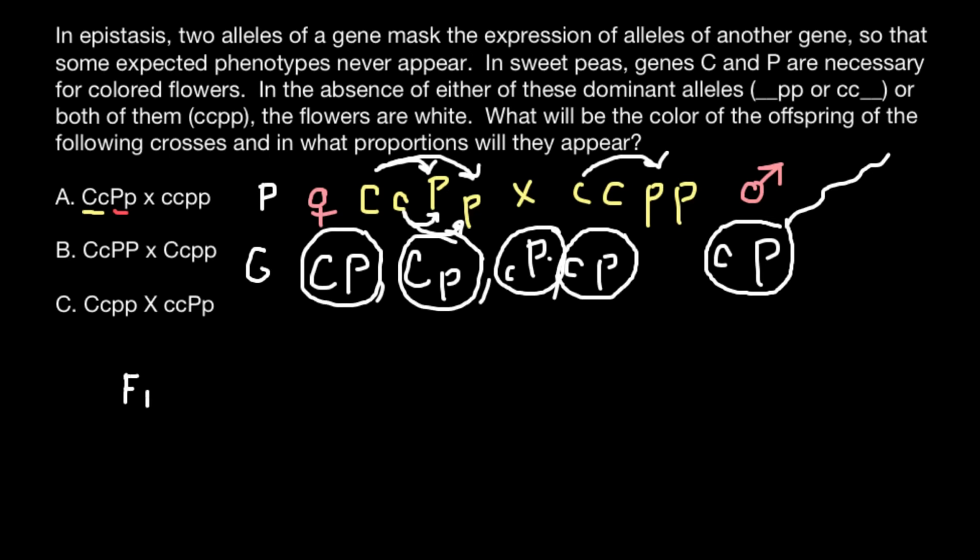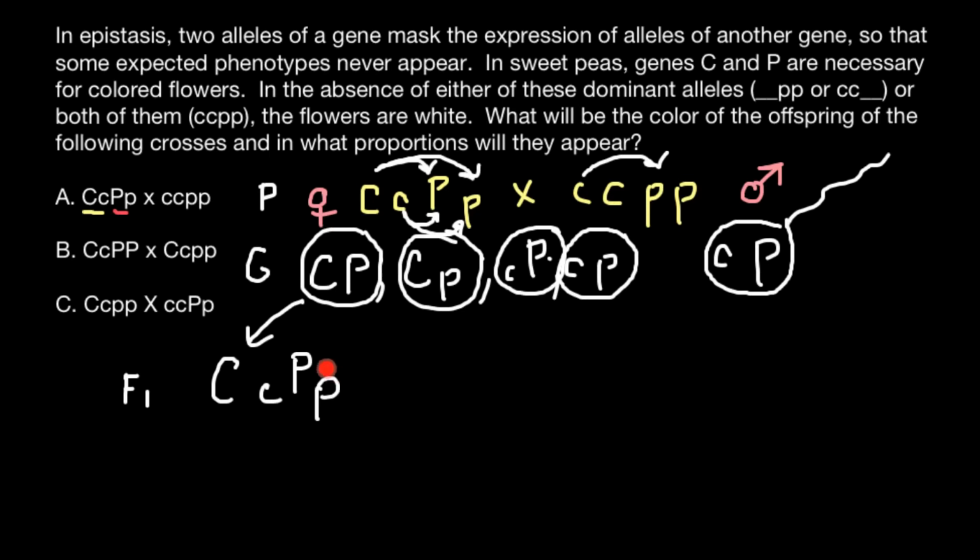Here we would have the F1 generation. So the first variant would be capital C from here, and small c from the only one type of sperm from the male, and capital P from the female side, and small p from the male side.